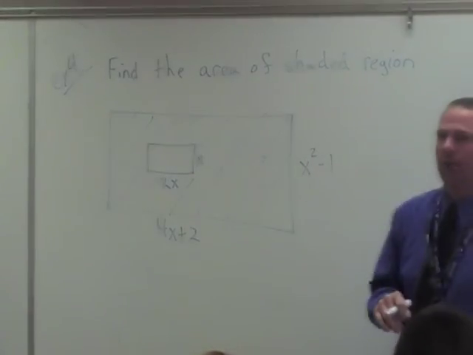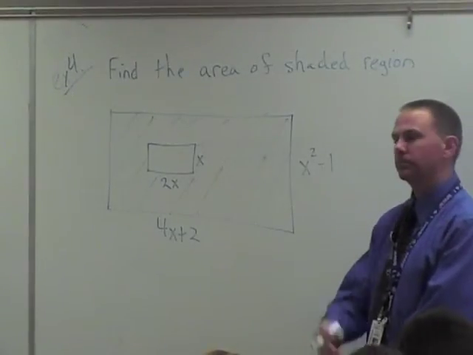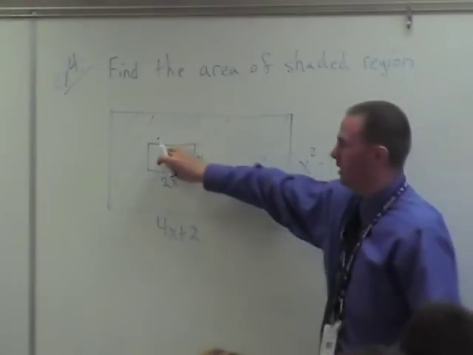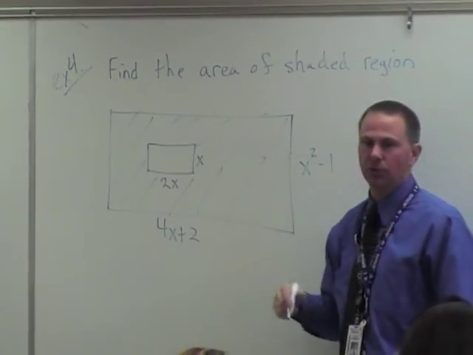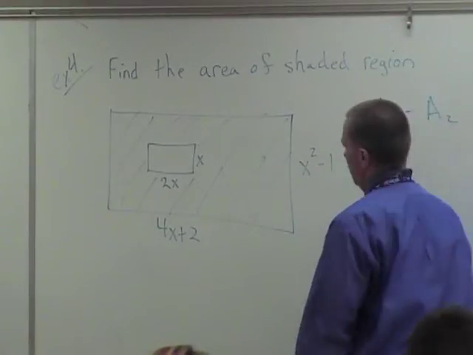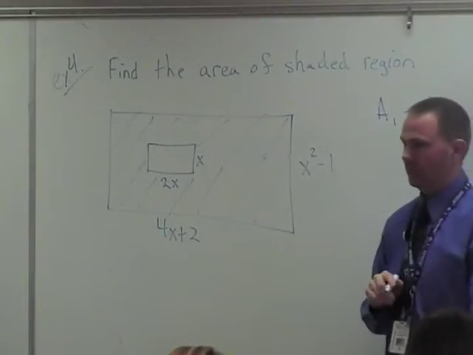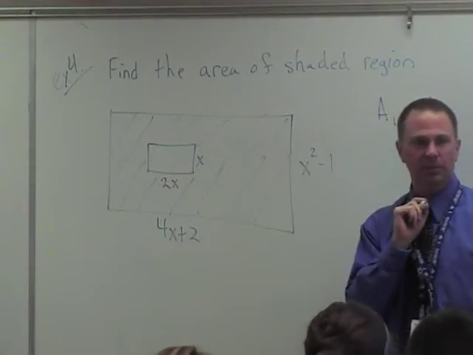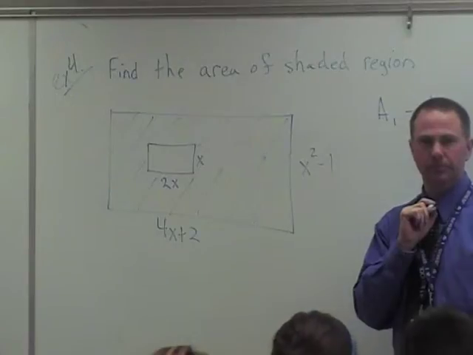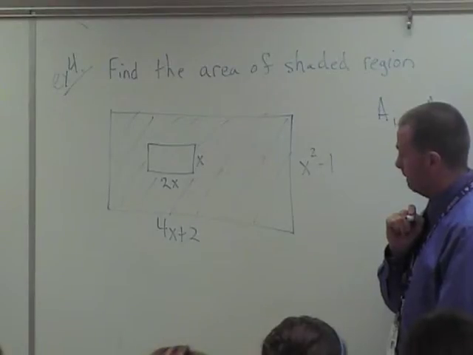How do I do this problem, first of all? You have to find the area of the big one, and then the area of the small one, and you subtract the small one. Because you're cutting out the small one, and cutting out means you're subtracting. So the area of the big one minus the area of the smaller one. Everybody know what to do? Didn't you just set it up like two binomials and subtract them? The outside, in parentheses, subtracted by the little.